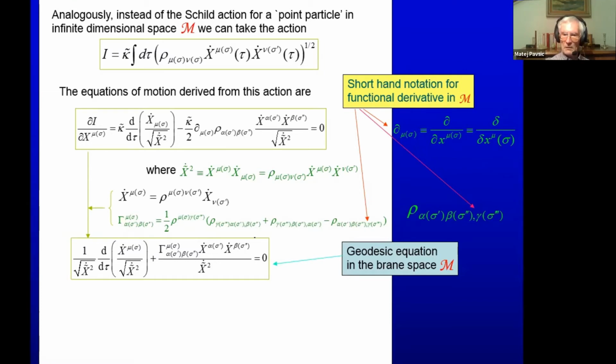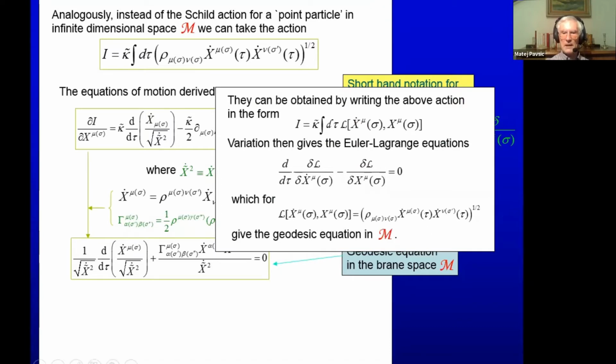And so I denote it by this usual symbol for partial derivative. By distinguishing up and down indices, which are raised or lowered by the metric or its inverse, and introducing Christoffel symbols in brane space, we arrive at this equation here, which has the same form as the well-known geodesic equation in finite dimensions. So this is the geodesic equation in brane space.